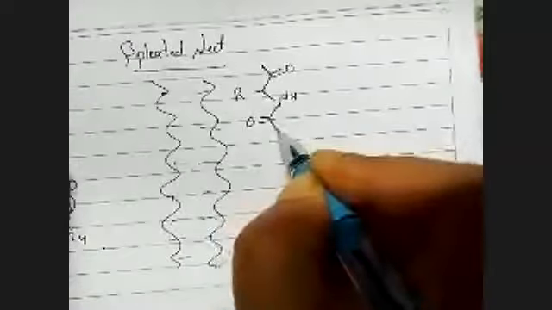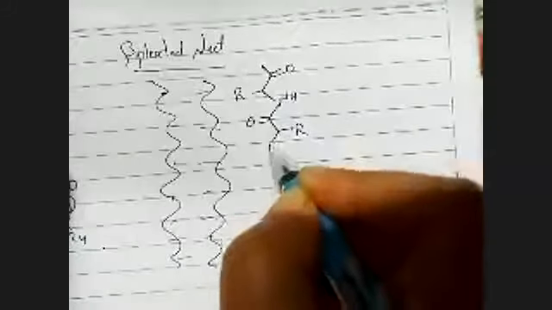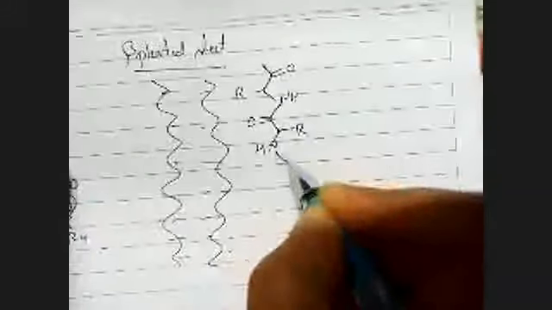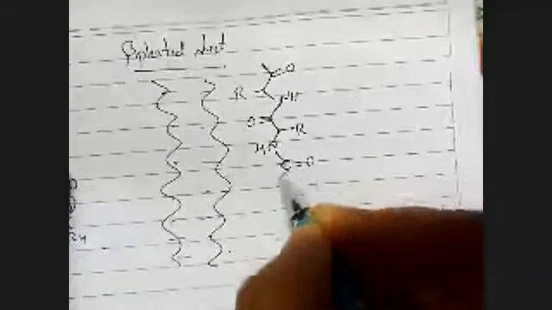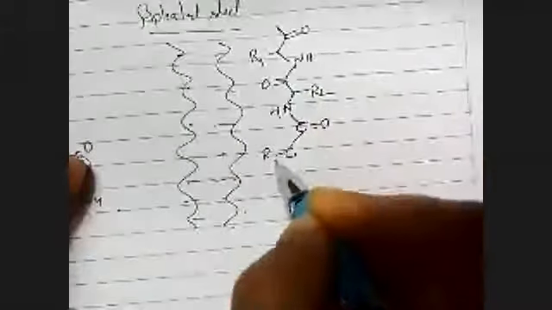These points are C. C double bond O, C, R. You can write R1, R2, R3.